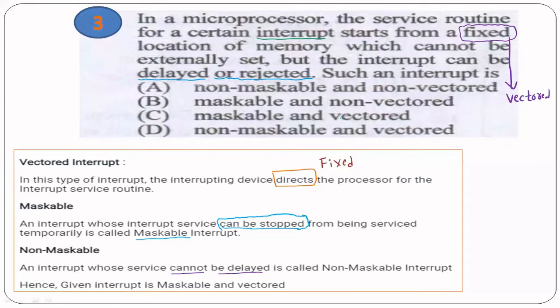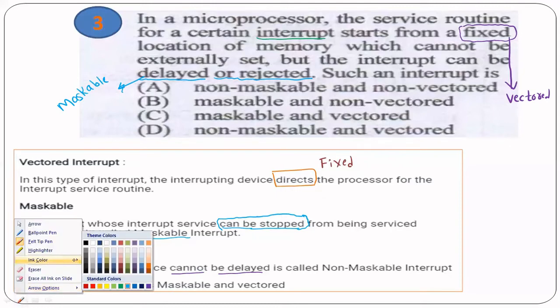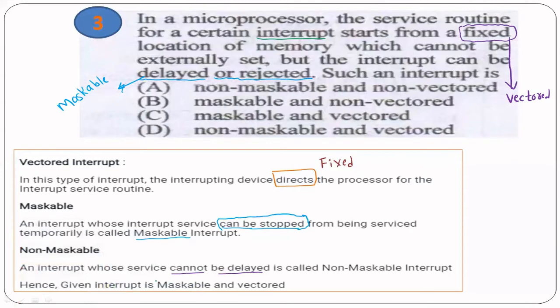This indicates that it is a maskable one. So the kind of interrupt we are speaking about in this question is a maskable and vectored interrupt. There is a fixed direction and it can be stopped or delayed. So the correct option is C, which is maskable and vectored.